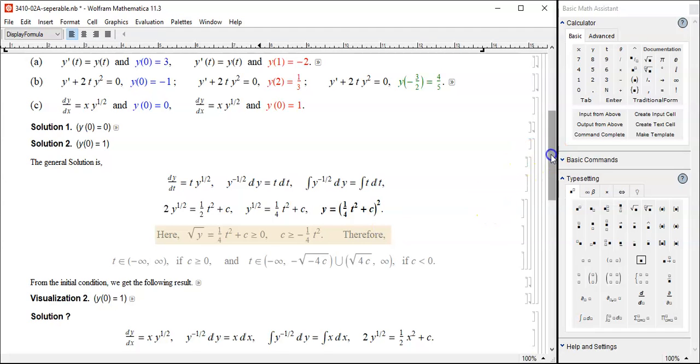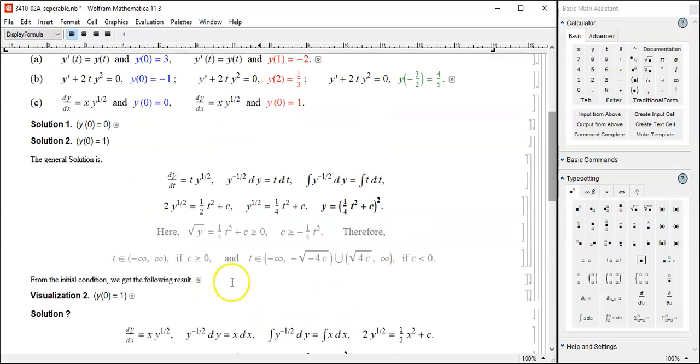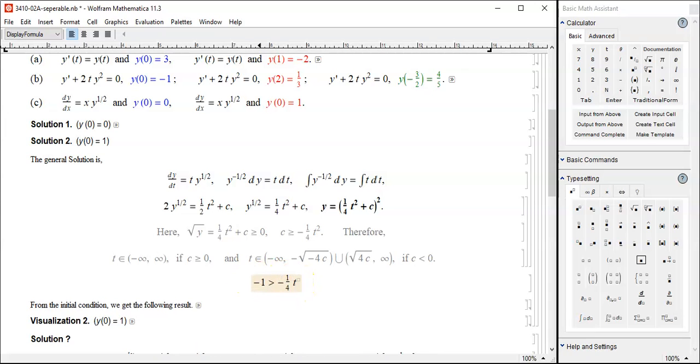Now, in this case, if we have negative 1 here, then negative 1 is greater than negative 1/4 t squared.